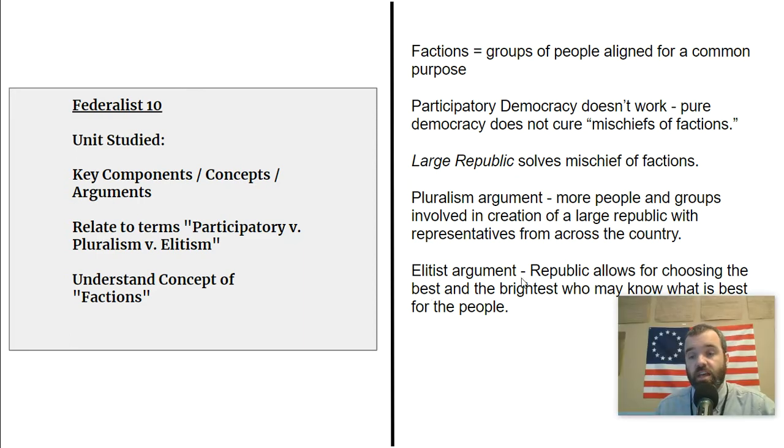He basically is saying that because we have a large republic, we'll be able to choose the best representatives, the smartest people to help govern that republic. And sometimes the elites actually know better than the people themselves what's best. And so Madison says we're not going to have a participatory democracy. It doesn't work, but a pluralist democracy could work, and elitist elements of that could also work. Large republic, that's what we want. It eliminates the mischiefs of factions.